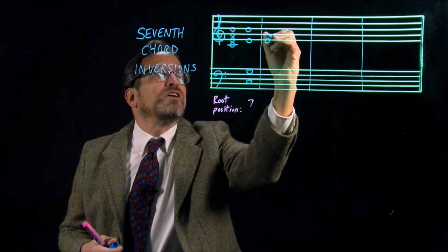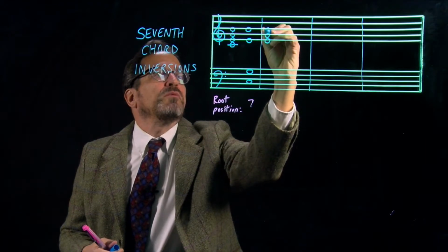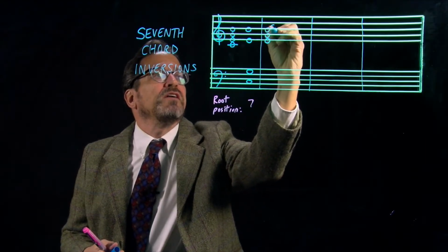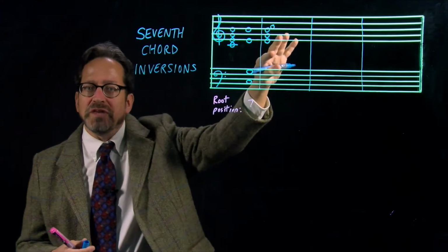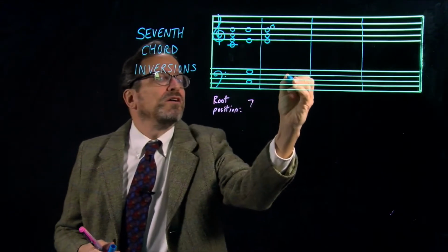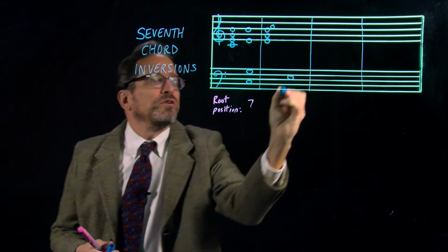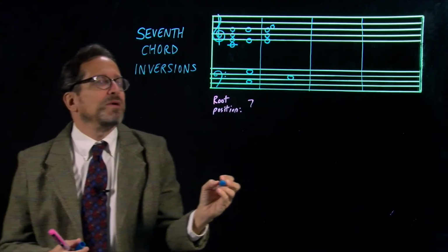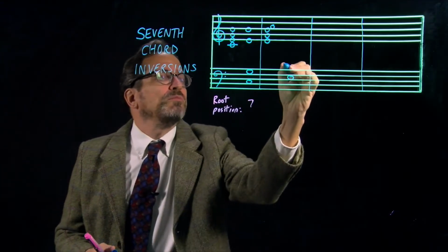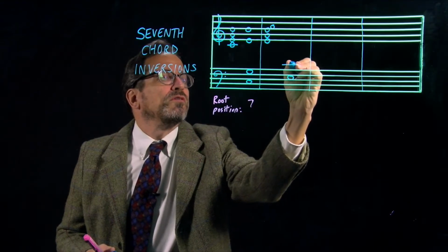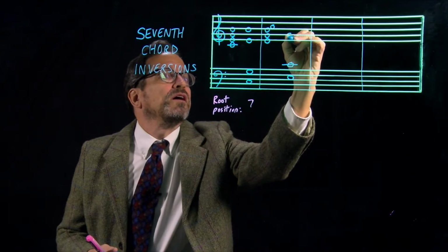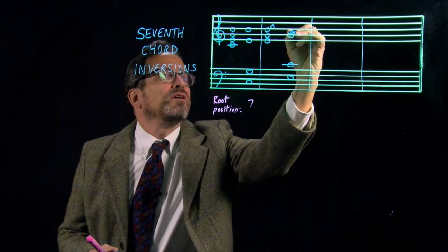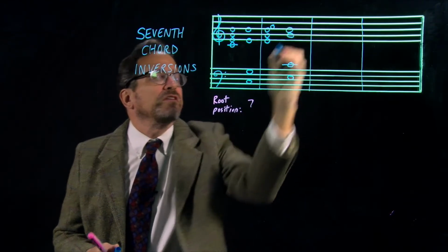Arranging this chord in first inversion means that we will have the third in the bass, and putting it into close spacing, it looks something like this. So my third is in the bass. I'm going to put the root in the tenor. I'll put the fifth in the alto, and I'll put the seventh in the soprano.